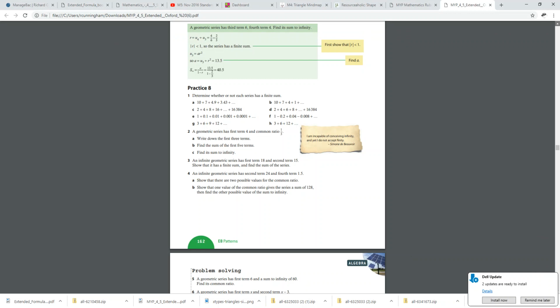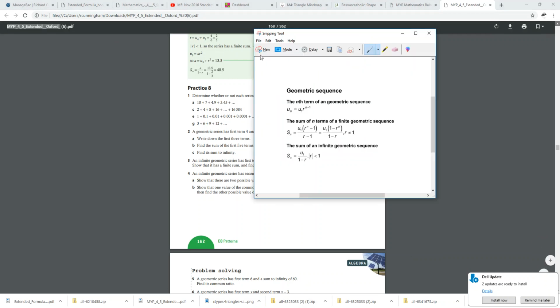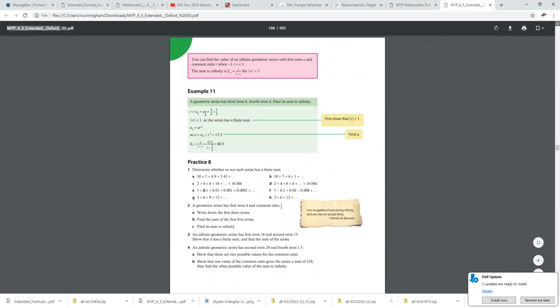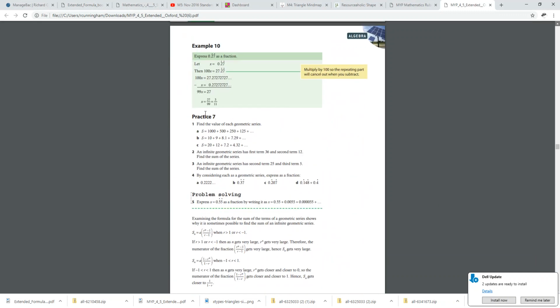For G, 4D, the way that you add 0.148 recurring plus 0.4 recurring, would it be 0.1 and then the 925 recurring?